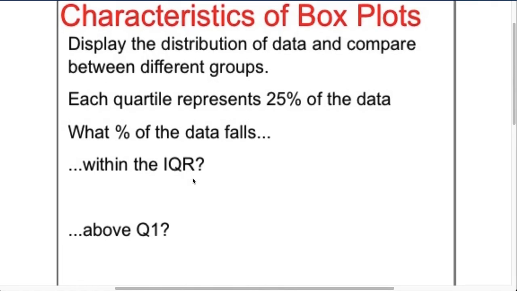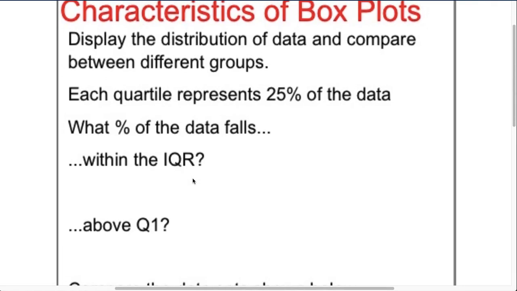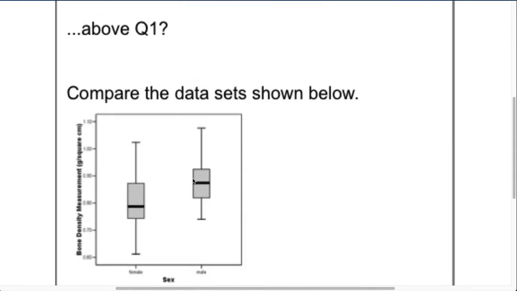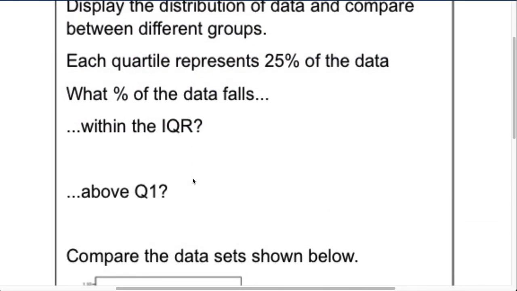Let's keep talking about box and whisker plots. So again, quartiles break up the data into 25% chunks. Quite literally, each quartile represents 25% of the data. All right, and so if you picture it again, just sketch one here.